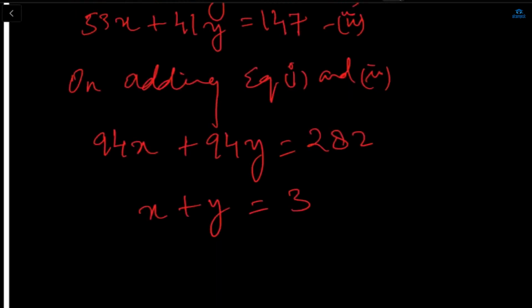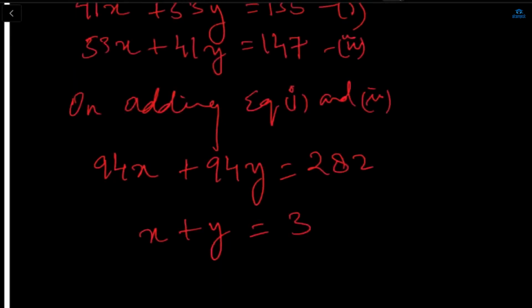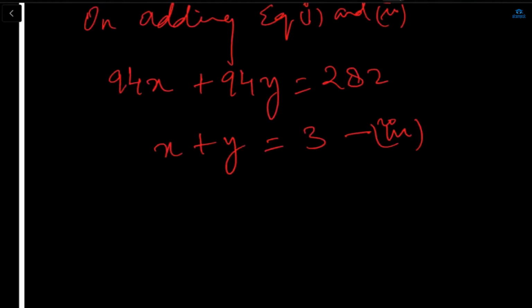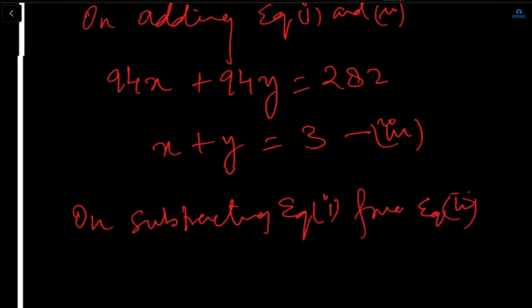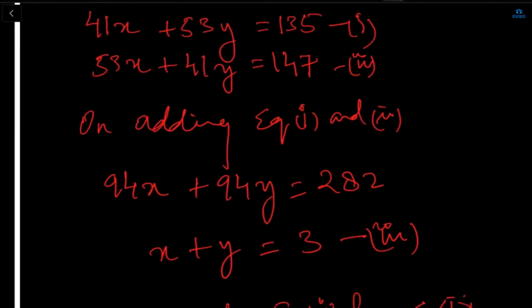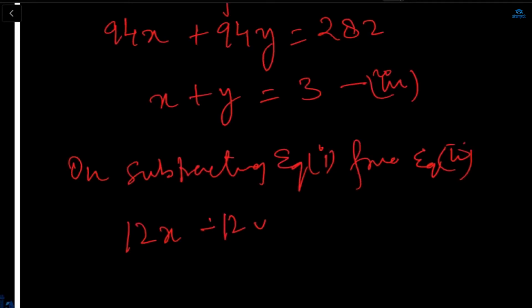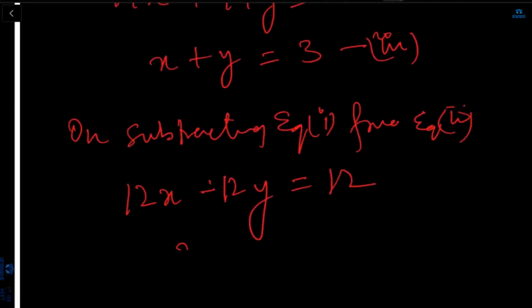This is your third equation. This time you added. Next, subtracting equation first from equation second, you will get the difference: 12x minus 12y is equal to 12. So X minus Y is equal to 1.